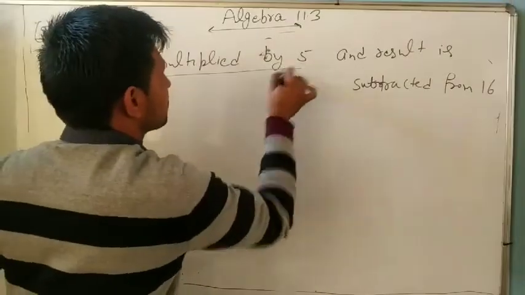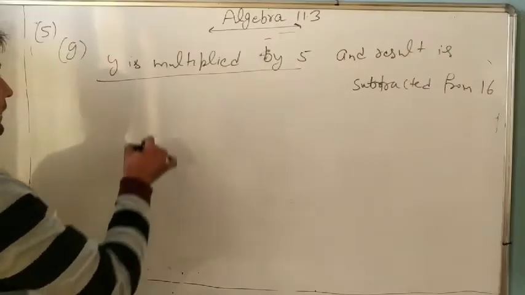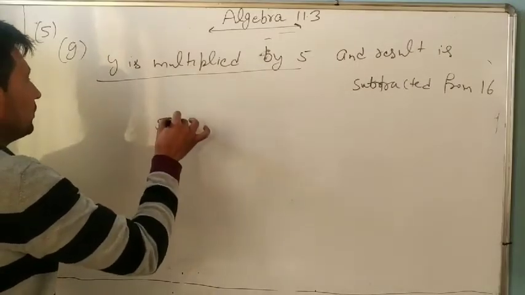So first y is multiplied. First we will write only this one. Y is multiplied by 5. So 5 into y.